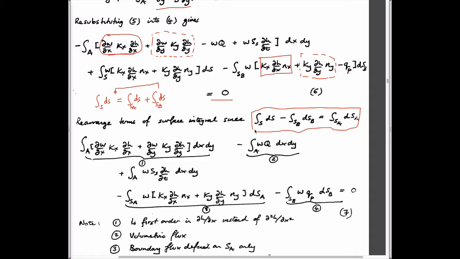And so, what do we have? So this is over SB. This is over S. So in other words, this is the one that's over S minus SB.